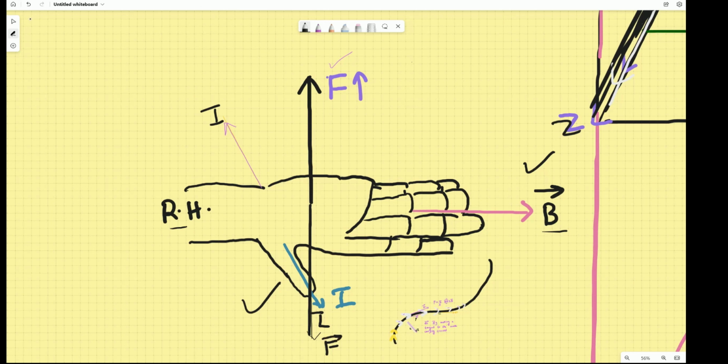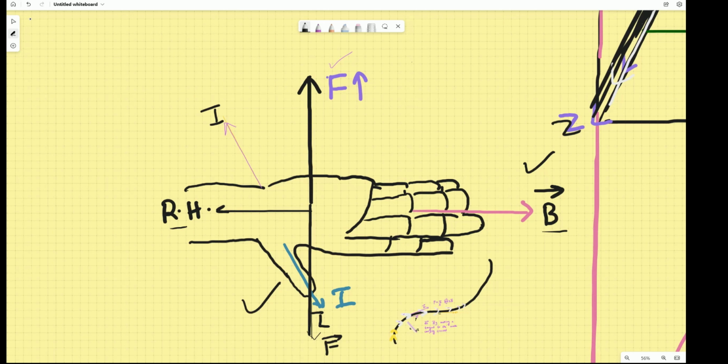Similarly, if you invert the direction of B, what happens? Keep your right hand, the finger directions, in the direction of B now. As simple as that. Keep your current in this direction, whatever direction you see. Again, what will you find? That the force direction is inverted.